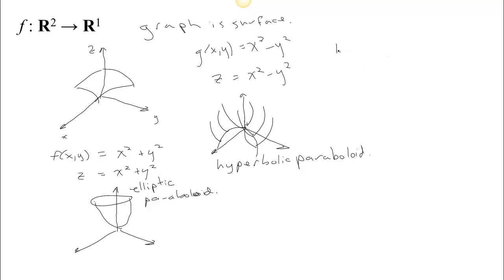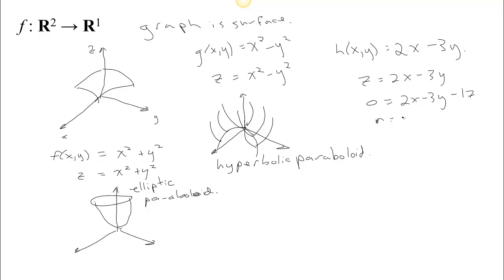Let's see. We could give an example of a linear type of surface here. Maybe we have 2x minus 3y, right? So z is equal to 2x minus 3y. If we get 0 on one side, so the variables are all over on the other side, 2x minus 3y minus 1z. So this is the equation of a plane, right?